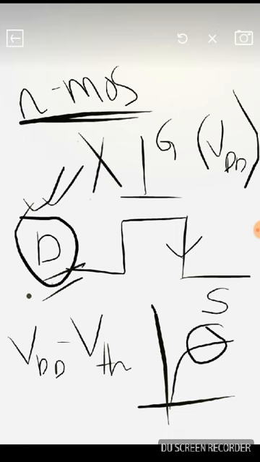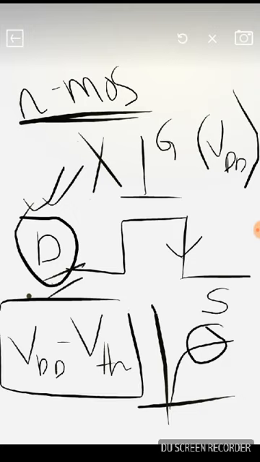So we need the drain terminal to be less than VDD minus VTH.